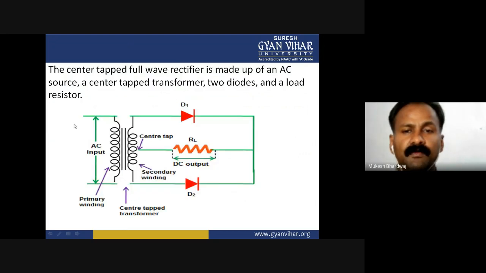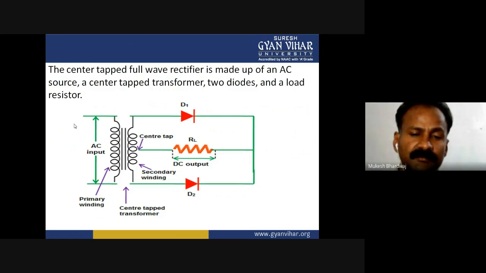The center tap full wave rectifier is made up of an AC source, a center tap transformer, two diodes, and a load resistance. So this is the diagrammatic representation of a center tap transformer and the center tap full wave rectifier.